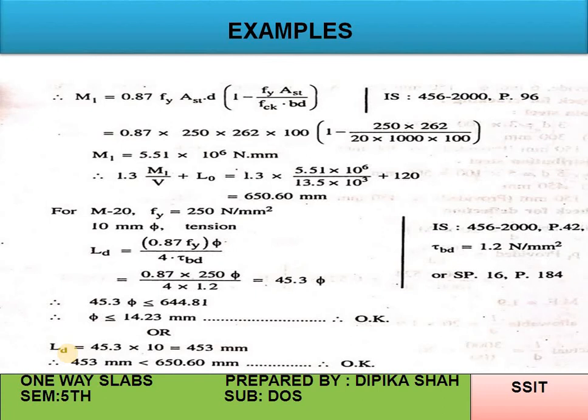That's why we have to calculate Ld by this equation 0.87 FY into 5 upon 4 into tau BD, right?